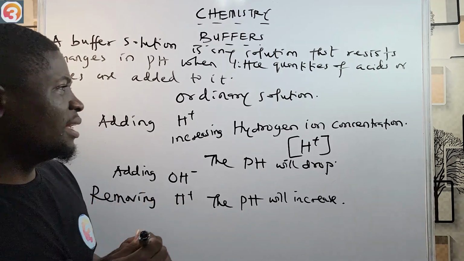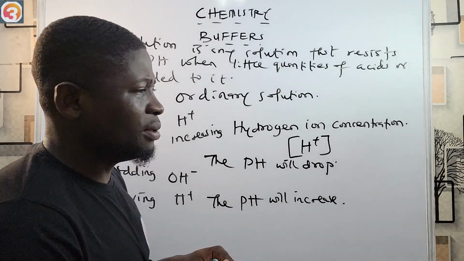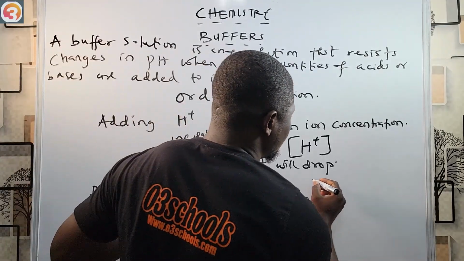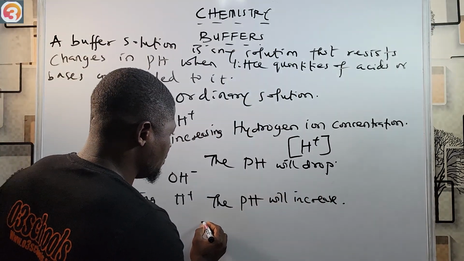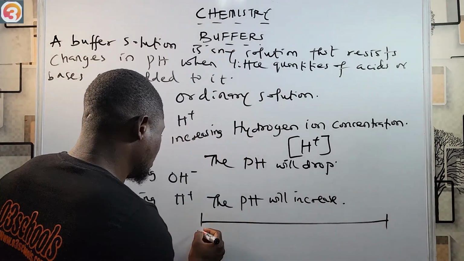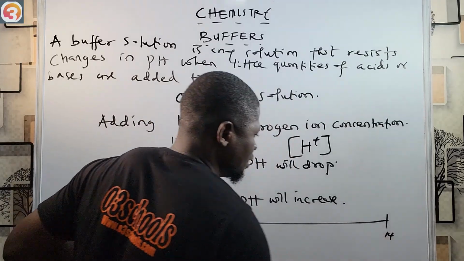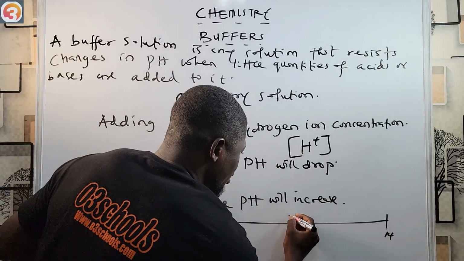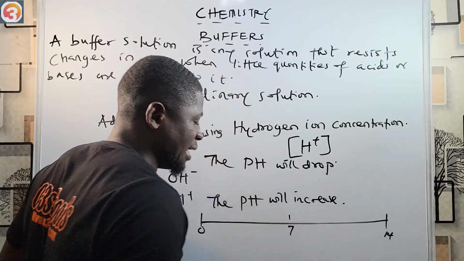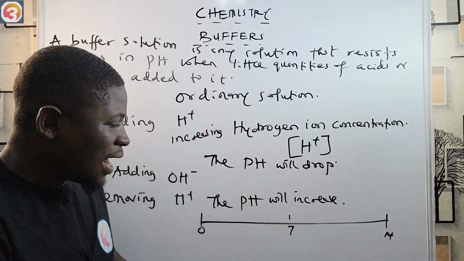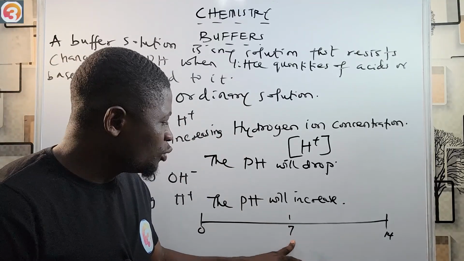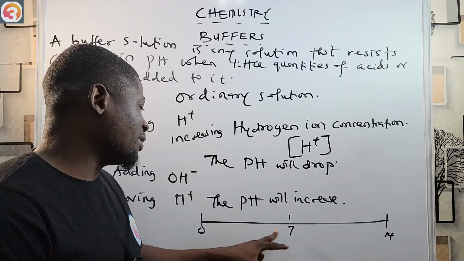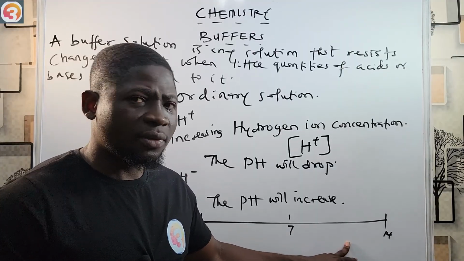Let's look at it like we're having our pH meter, from 0 to 14. Let's say from 0 here to 14, and then 7 here is the neutral point. Let's say we're adding acid to this neutral solution that is neither acidic nor basic.